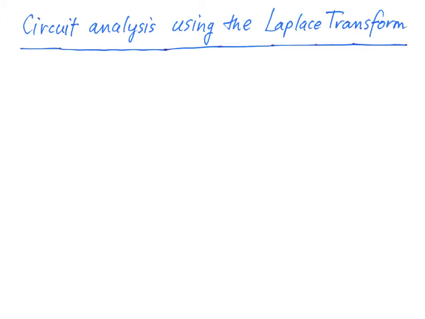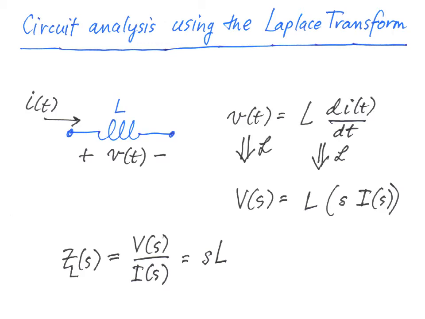Now, to finish off this lecture, I'd like to show you some practical uses for the Laplace transform, and this is in circuit analysis. You'll recall we talked about impedances and how the impedance of an inductor may be found by Fourier transforming its voltage-current differential equation relationship.